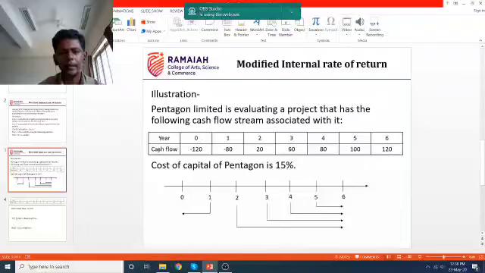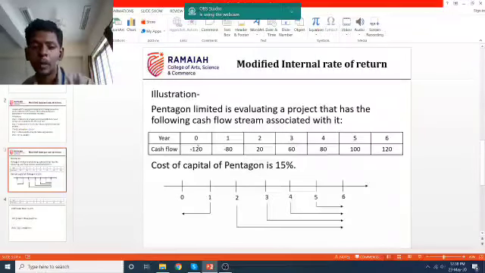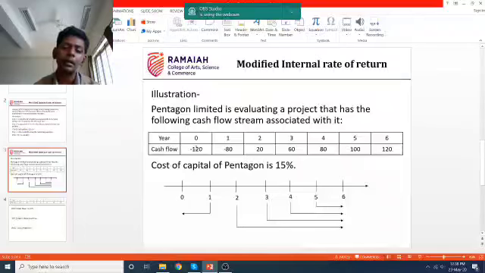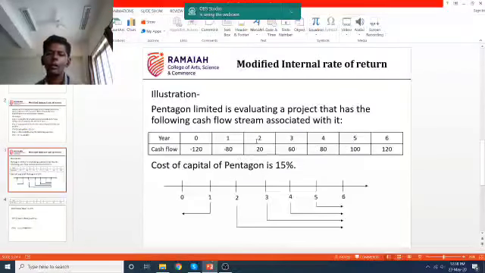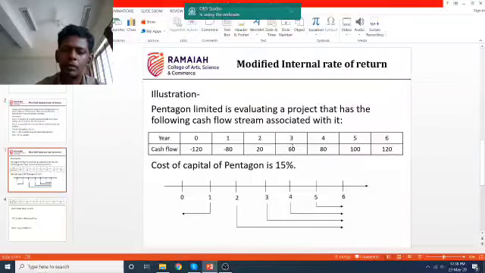So I have taken this illustration. The cash flows are as under. For year 0, you have a cash outlay of 120. Minus 120 means that there is a capital expenditure. Year 1 it is minus 80, year 2 it is 20. From year 2 to year 6 you have positive cash flows, that means cash inflow.